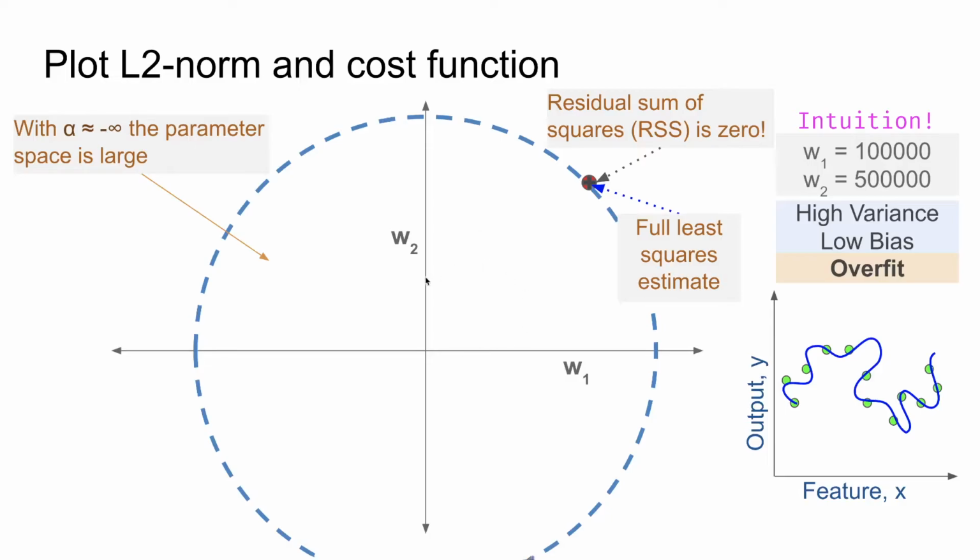Then the parameter space would be very large, and there will be a lot of freedom for the values of w2 and w1 to be any value, such that, as shown here in the right bottom corner, the curve can fit the data points very tightly, and therefore there are no residuals.